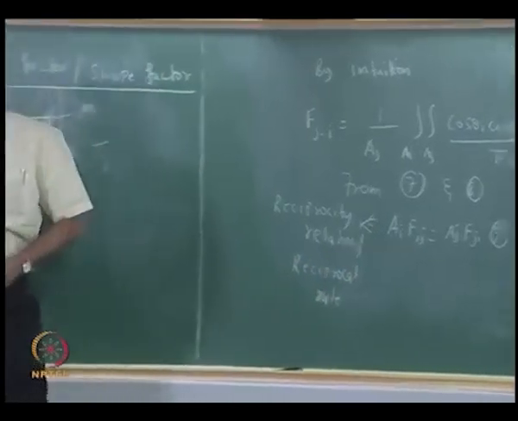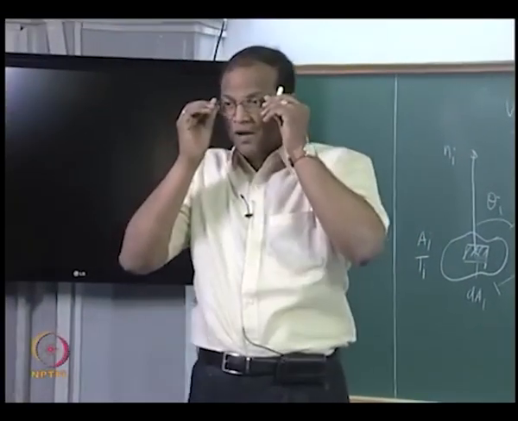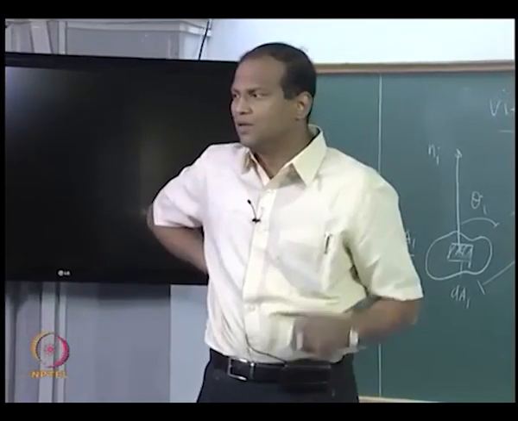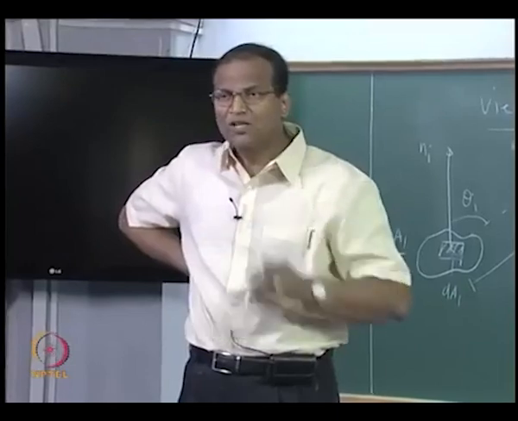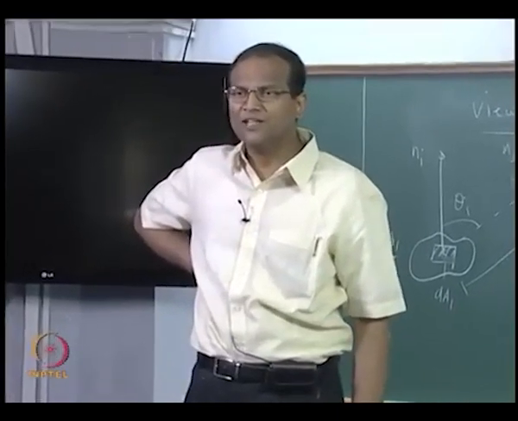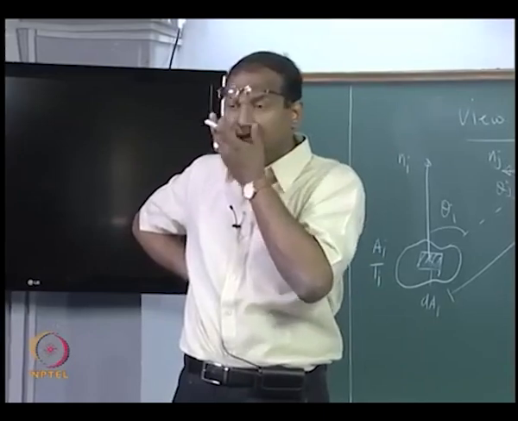Now I want to solve a 4 zone enclosure. If I have to use the double integral and all this, it is going to take a lot of time. So I want to see if there are some clever ways of getting the view factors without going through these painful integrals.